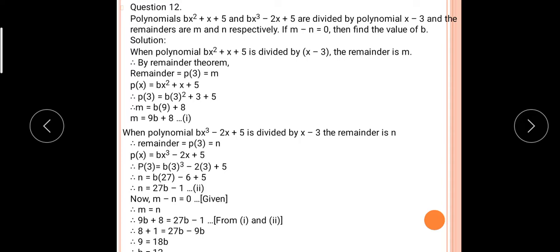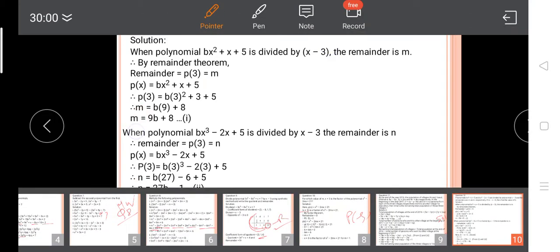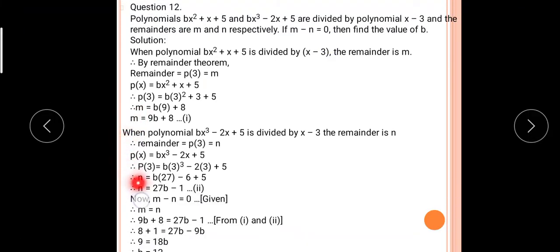So we got the first and second equations. Now we have the equations for m and n, but what is given here? It is given that m minus n is equal to 0. So m minus n means subtract the second equation from the first: 9b plus 8 minus 27b minus 1. You have to shift this side, because it is given that m minus n is equal to 0.